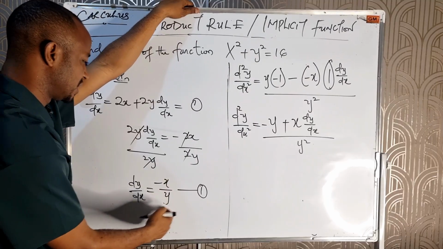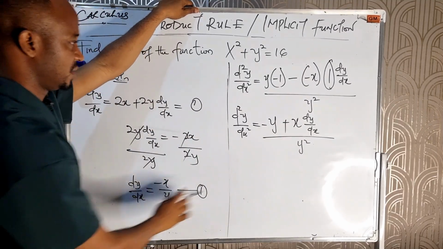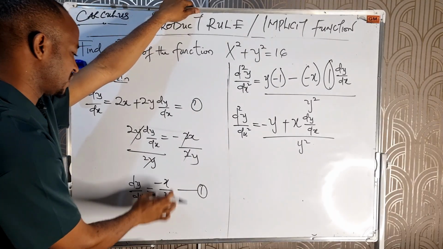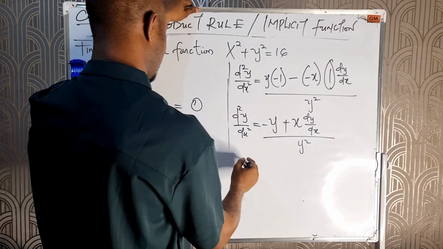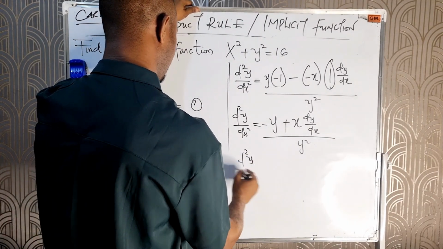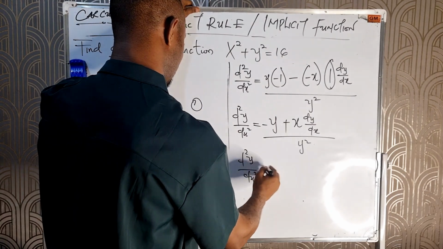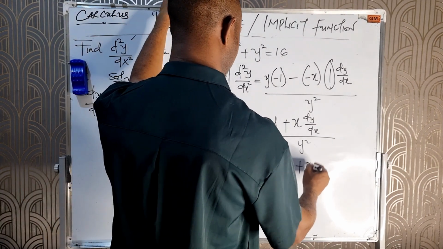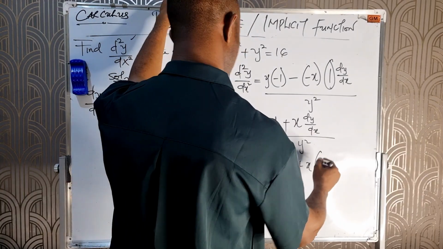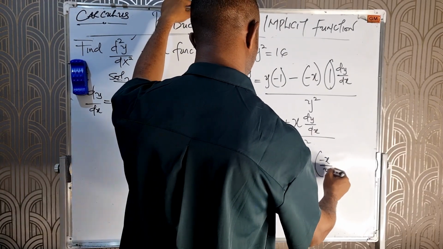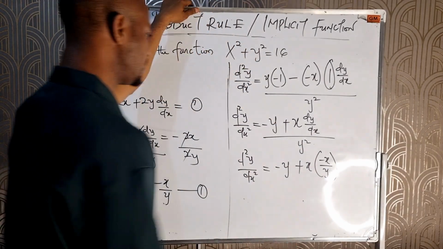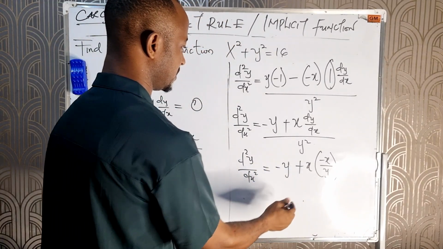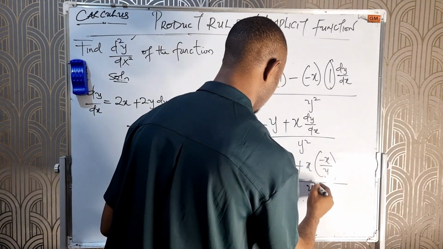So anywhere we see dy/dx, I will replace it with minus x over y. So that will give us d²y over dx² equals minus y plus x times minus x over y, all divided by y².